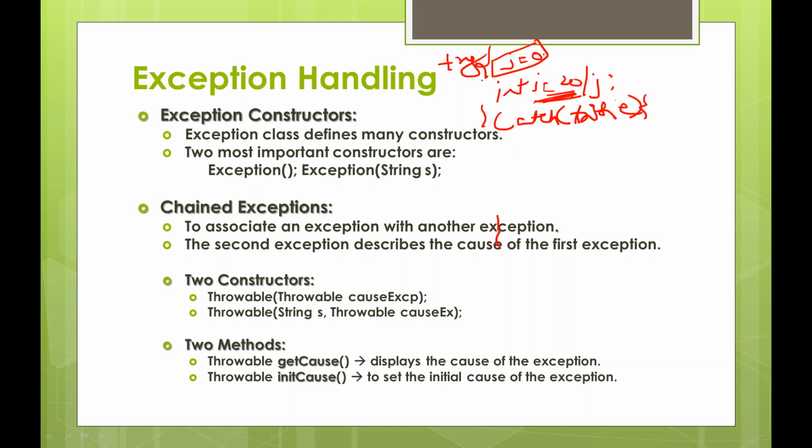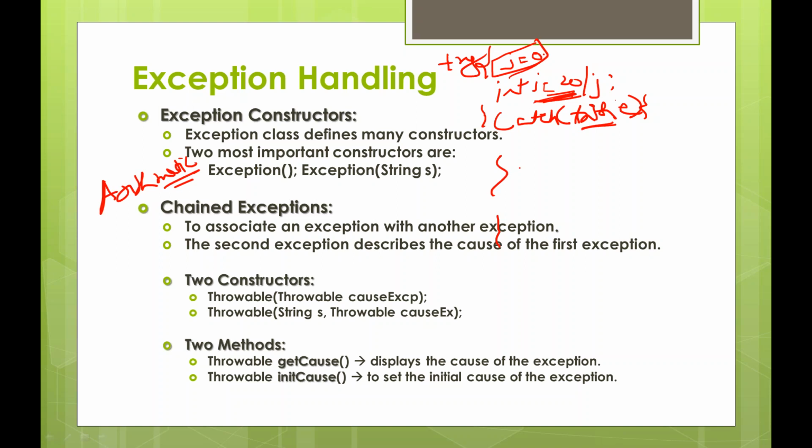So you are querying the database, you are not getting the data, and j becomes 0. In such case, arithmetic exception is thrown, and that arithmetic exception is caught here. So normally when you try to print it, it will show arithmetic exception.